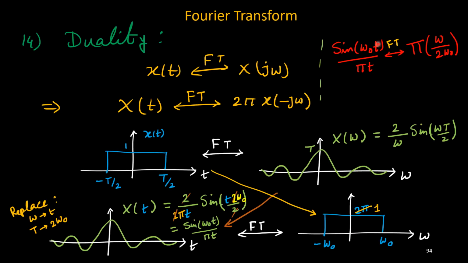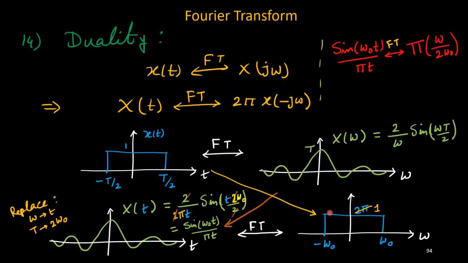So you see, if I have only sine omega naught t, its Fourier transform gives one impulse at omega naught and another at minus omega naught. But when I multiply with 1 upon pi t, its spectrum is continuous from 0 to omega naught on the right side and 0 to minus omega naught on the left side with magnitude 1.